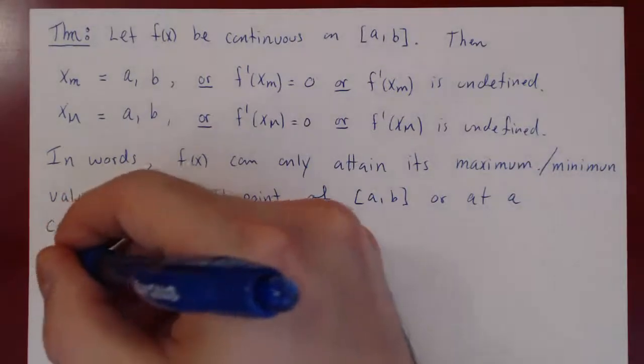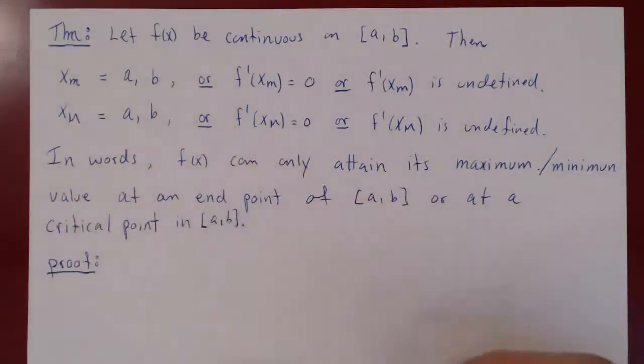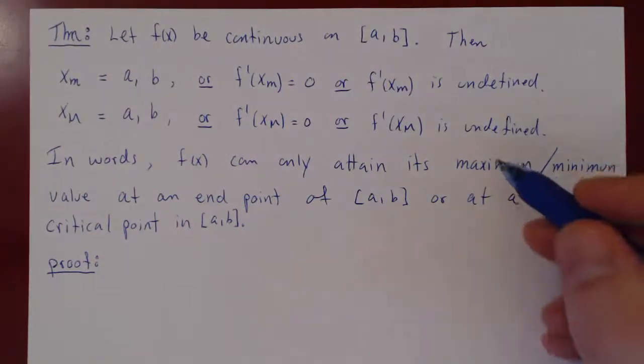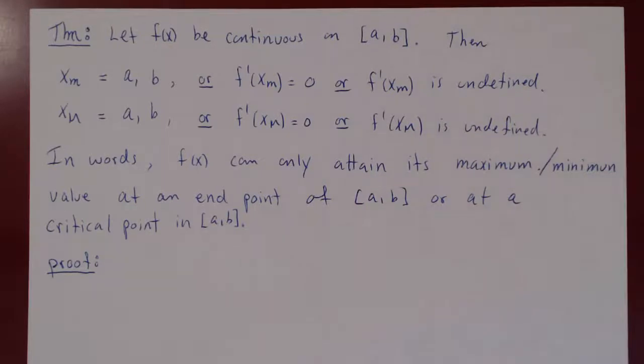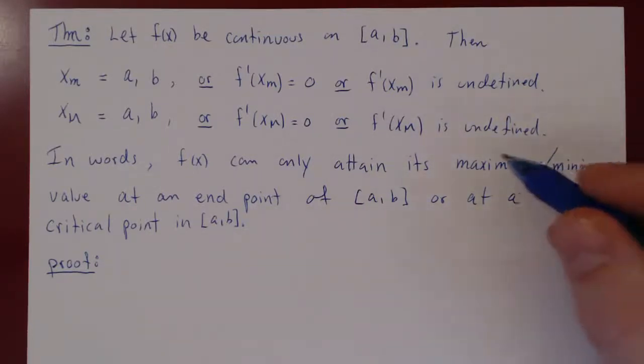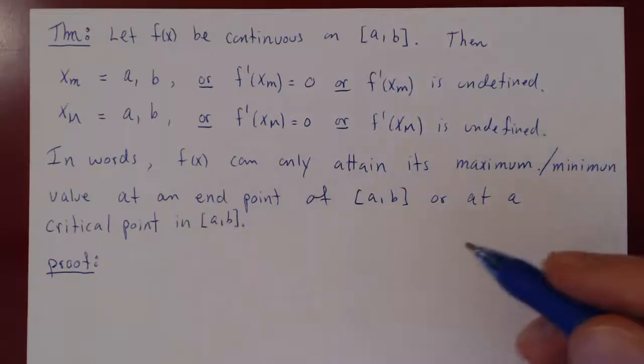Let's prove our result. The proof is surprisingly simple, and we'll prove it for the case of a maximum value, and I will let you conclude the proof for the minimum value, and you will see it's a copy-paste of the argument for a maximum value. So let's look at the possibilities.